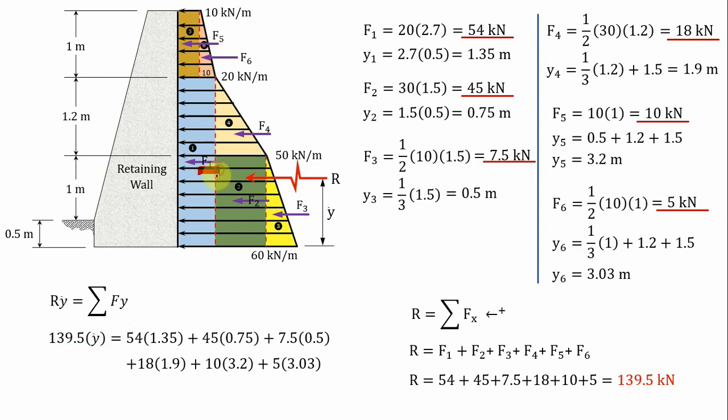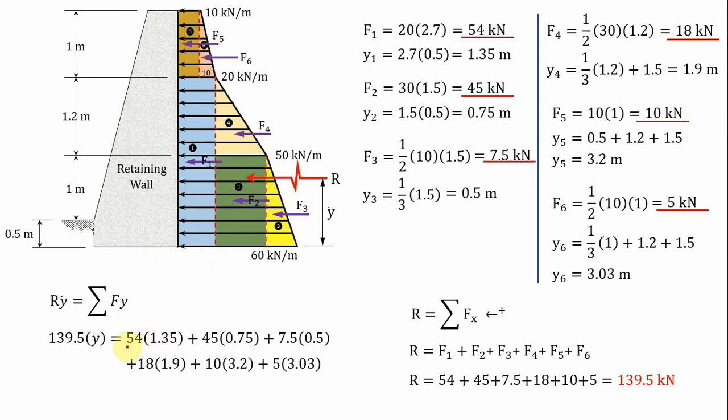F1 is equal to the moment at this point, which is F1 times Y sub 1. The moment of F1 produces a counterclockwise moment, and we assumed earlier that counterclockwise is positive, so that is positive. Since all the forces are in the same direction, all of the moments have a positive sign.